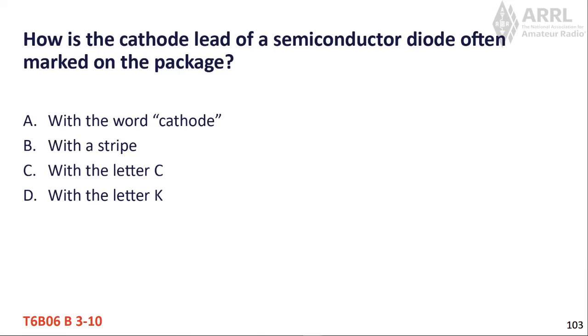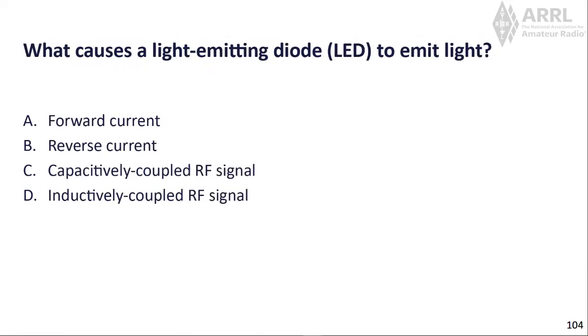So the answer is B, with a stripe. What causes a light emitting diode, LED, to emit light? The correct answer is A, forward current. You hook it up in the correct direction for normal current flow in a diode, and it will emit light.